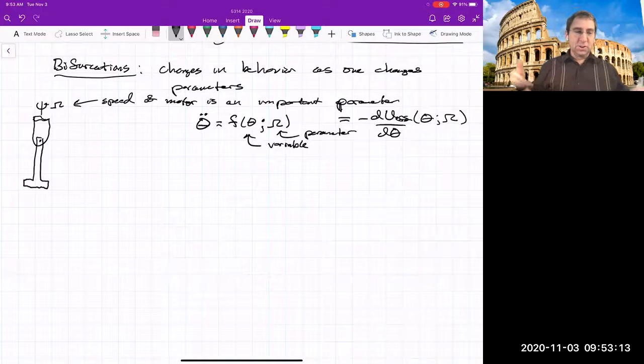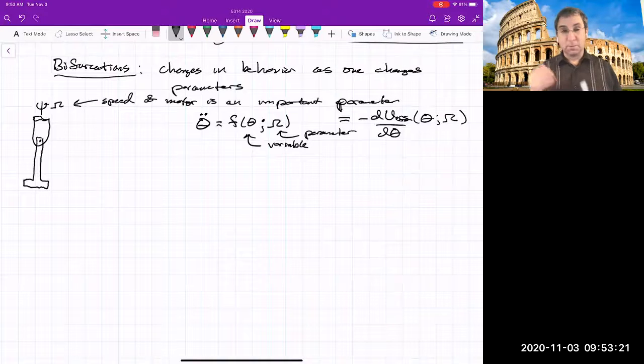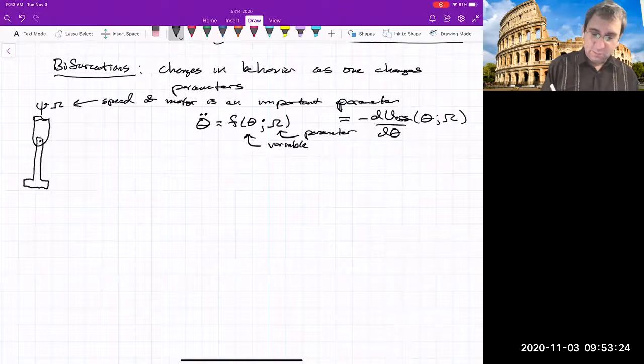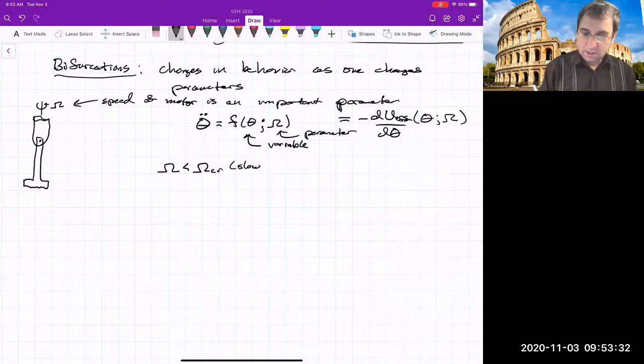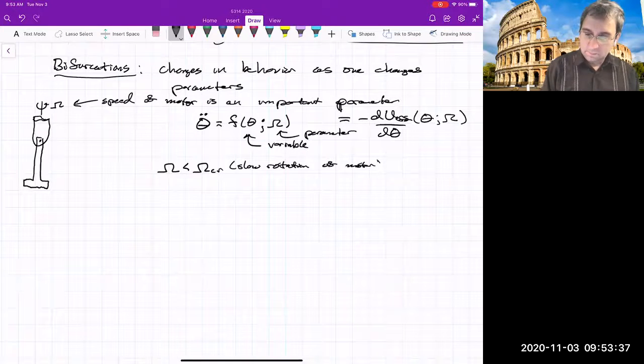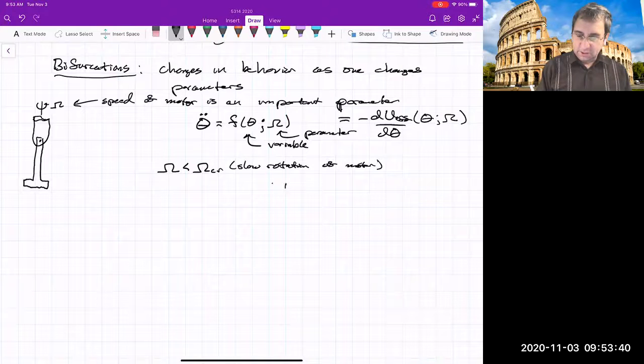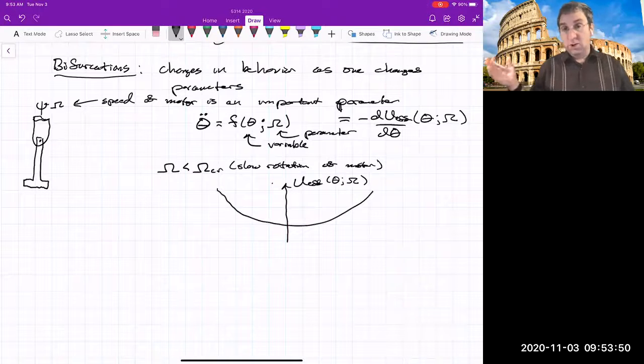This changes shape depending on whether the speed of the motor, capital omega, is greater or less than some critical value. For omega less than a critical value, so slow rotation of the motor, we've got an effective potential energy plot that looks U-shaped.